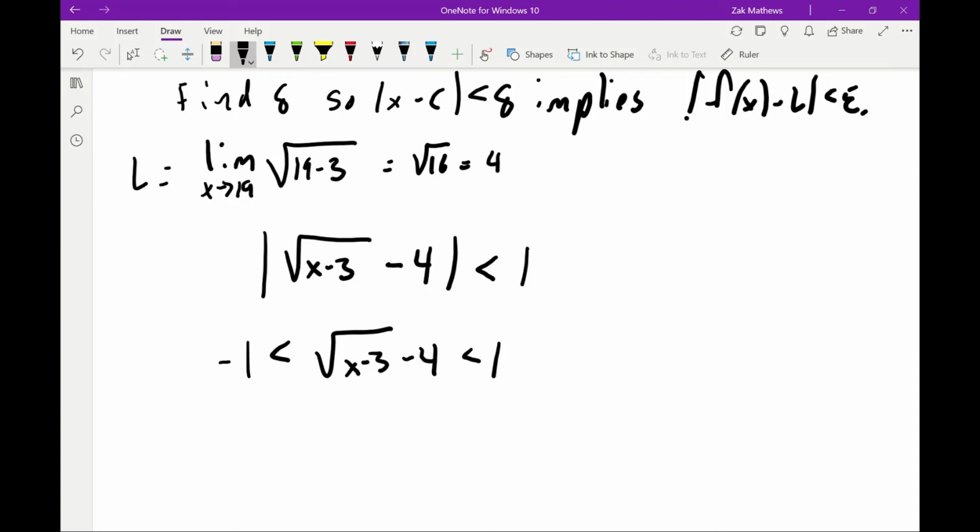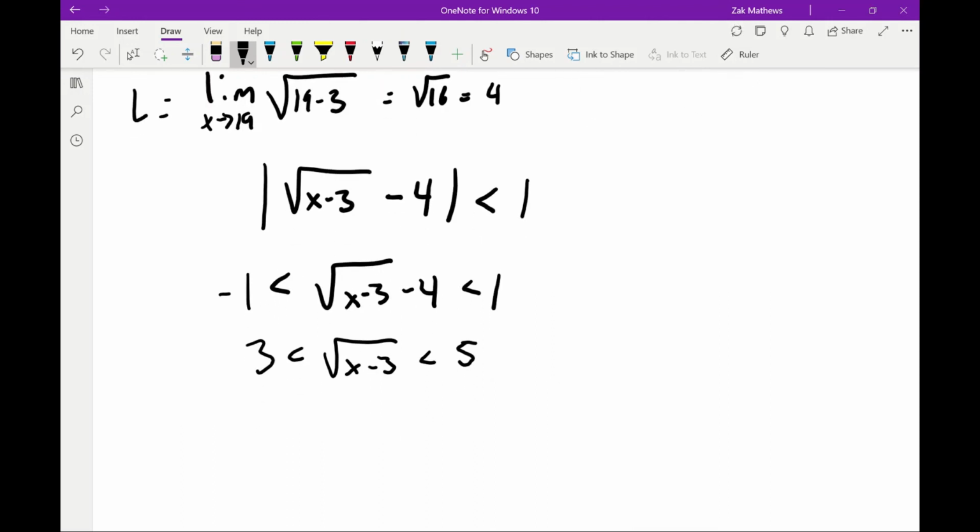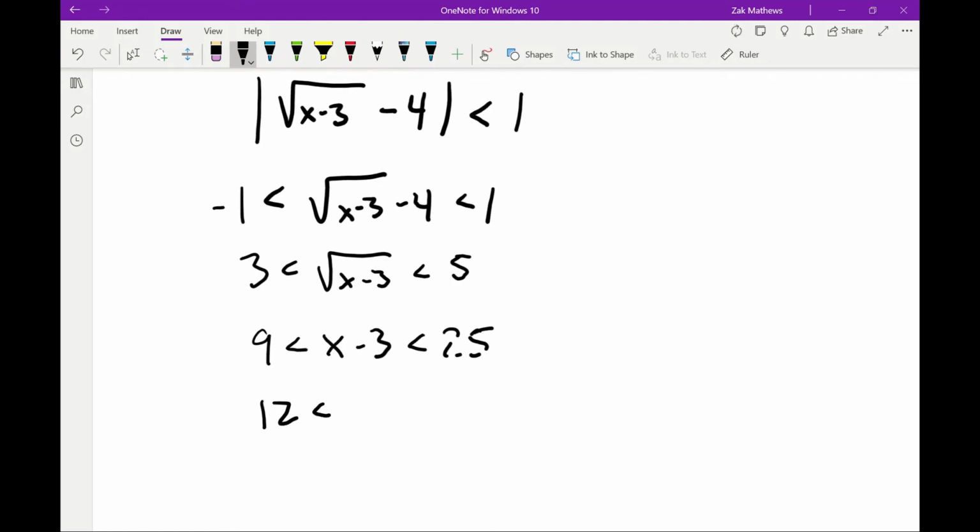I'm going to add the 4 to both sides, so we'd have 3 is less than the square root of x minus 3 is less than 5. Now to get rid of the square root, I have to square both sides. When I square the left, I get 9. When I square the right, I get a 25. And now to get the x all by itself, I'm going to add that 3 over, so x is between 12 and 28. So that is our delta neighborhood around x.